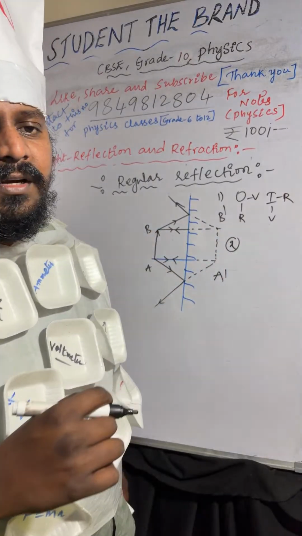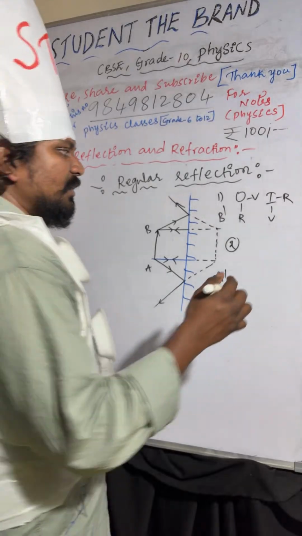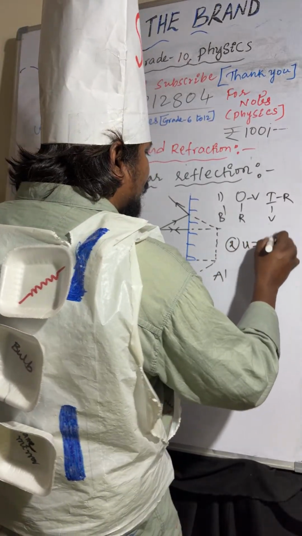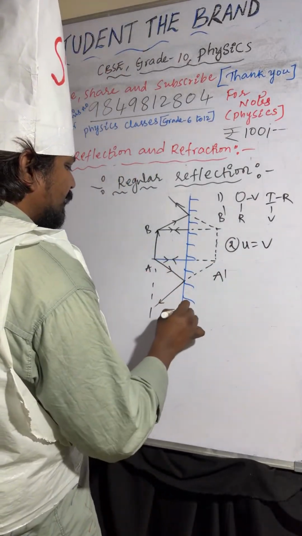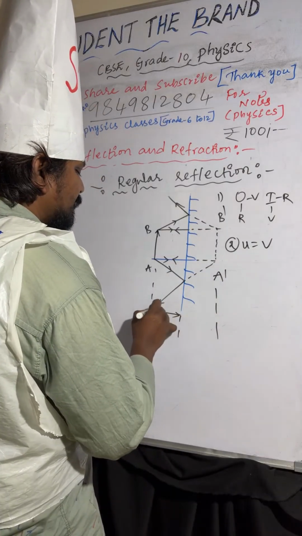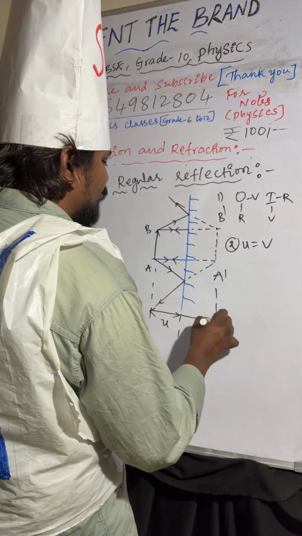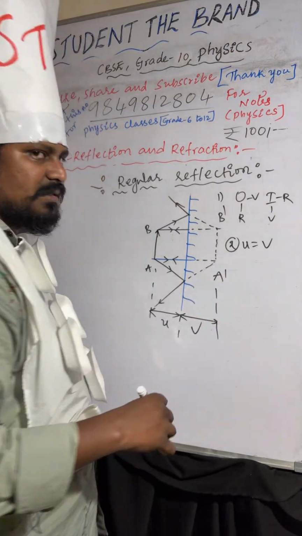Coming to point number 2, object distance is equal to image distance. So this is the object, and this is the image. The distance between object and mirror is called object distance. The distance between mirror and image is called image distance.